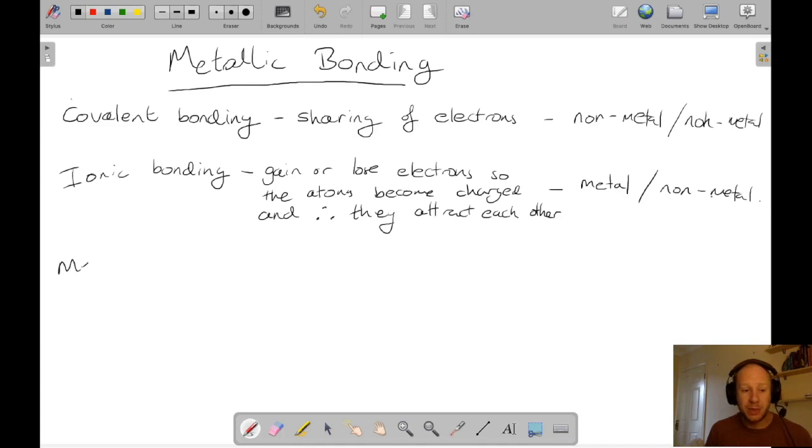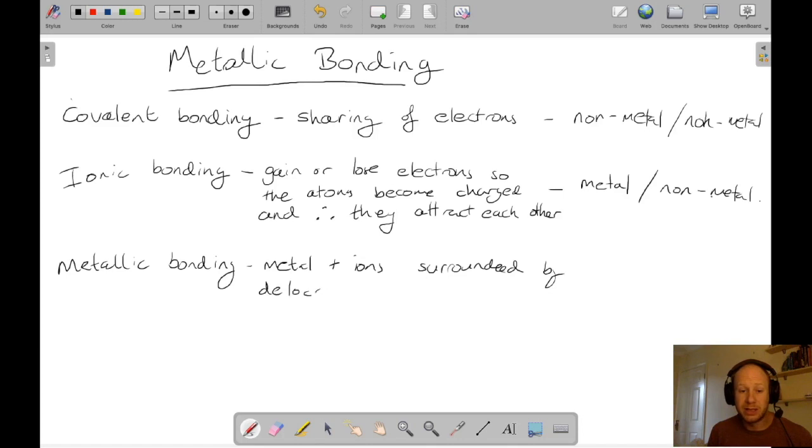For metallic bonding, this is metal positive ions surrounded by delocalized electrons.